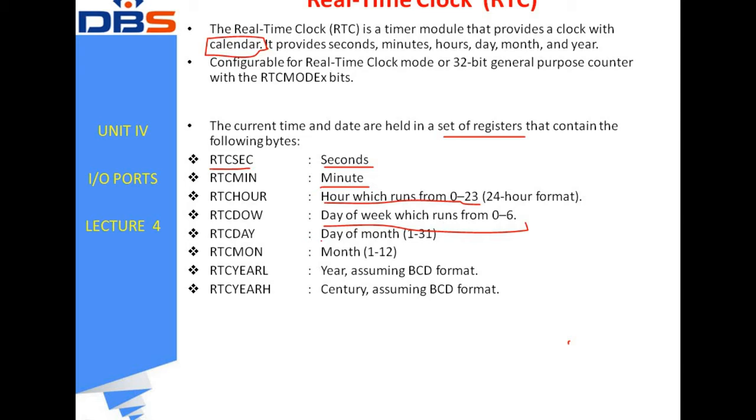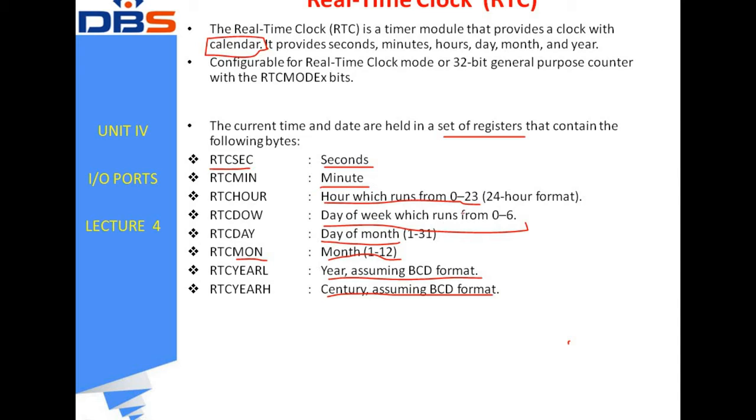and RTC day means day of the month, that is from 1 to 31, and month, here month means Jan to December, year, assuming it is in a BCD format, that is a 16-bit timer format, and century, which century we are living in. Okay, I repeat again, here in RTC, that means real-time clock, we are going to generate the calendar.